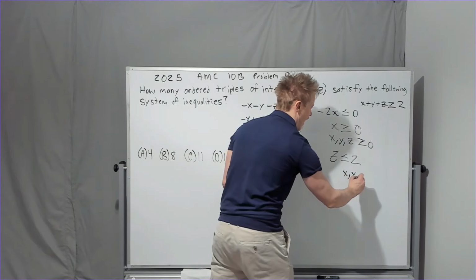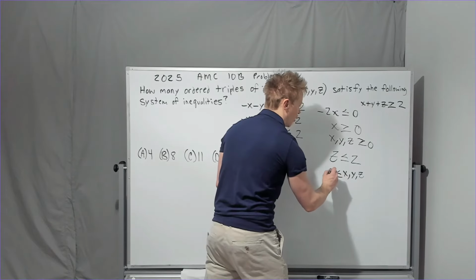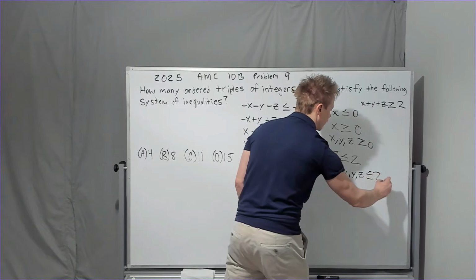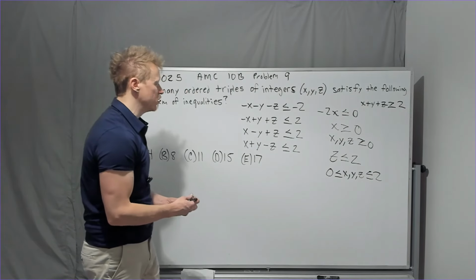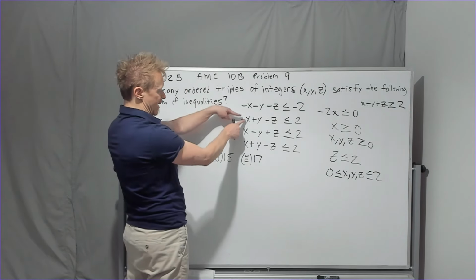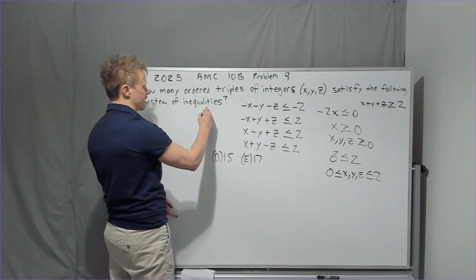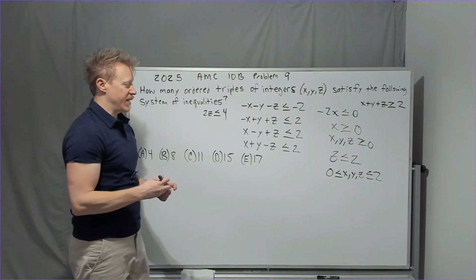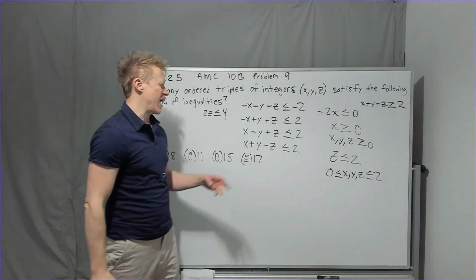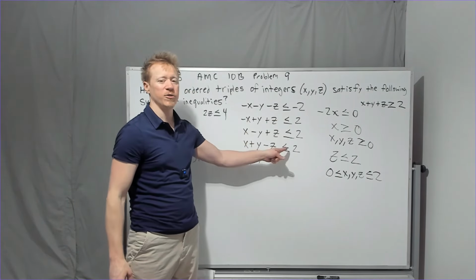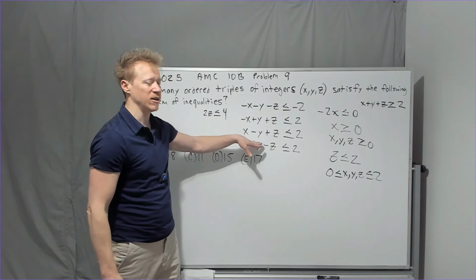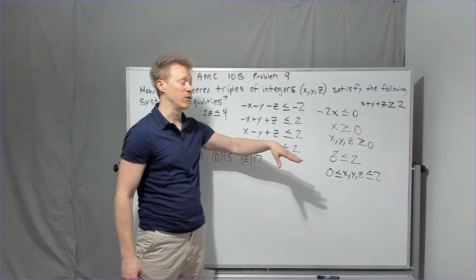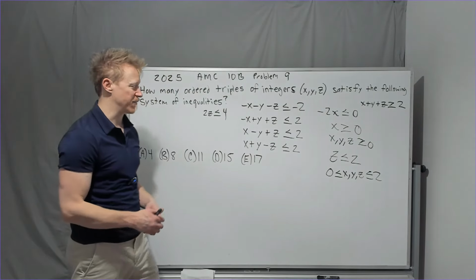We can say that x, y, and z are all greater than or equal to 0, but less than or equal to 2. Again, if I add these 2 equations, it will say 2z less than or equal to 4, and then you can divide. How do you add inequalities since they're both less than? If I add the 2 lessers, it's a property of order. It will stay lesser afterward.